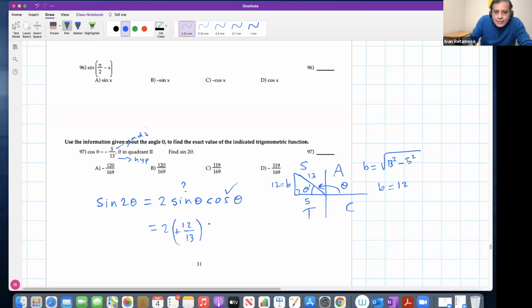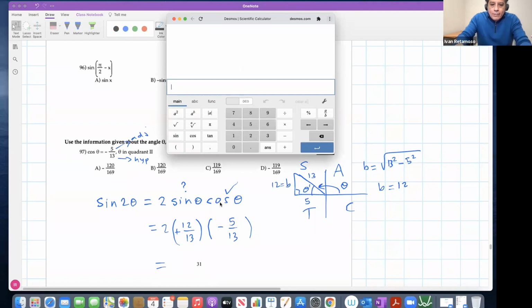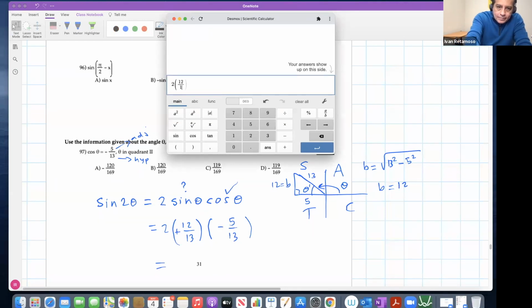Let's write a plus sign there. Multiply by cosine of theta. Cosine of theta is given, is minus 5 over 13, right? Now, advice, guys, use the calculator to compute this because they want exact form. Twice, positive 12 over 13 multiplied by negative 5 over 13. Our calculator shows first the decimal result, but don't go for that. Click here, look for the fractional result, the result as a fraction.